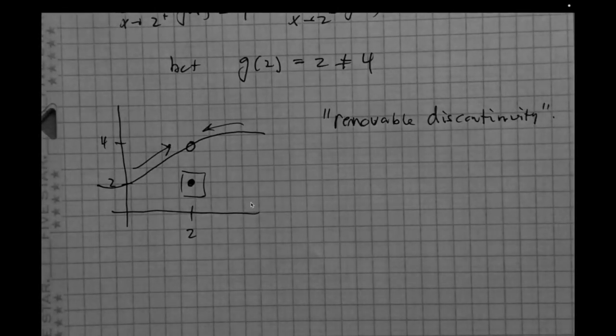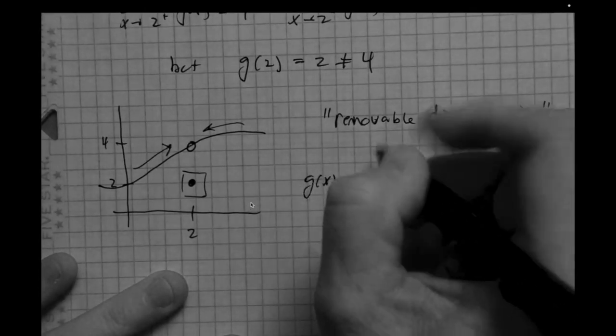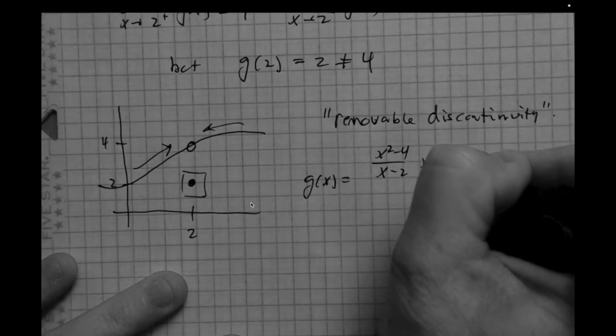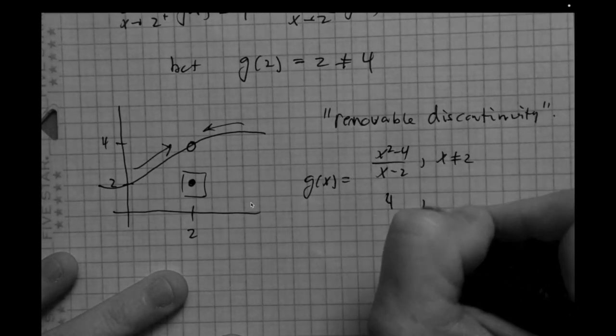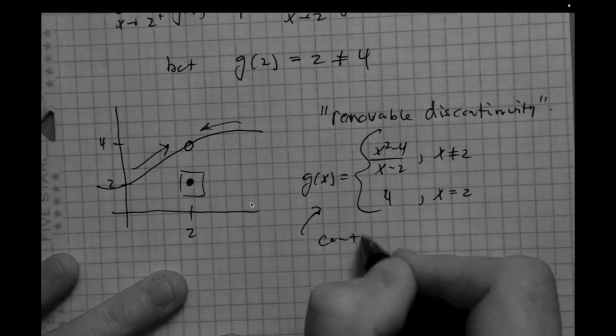Okay. So, the term removable is used because the idea is that you could make this function continuous just by changing a single point. If we just redefined this as g of x equals x squared minus 4 over x minus 2 when x is not equal to 2, and then just set this equal to 4 when x is equal to 2, this is now continuous.